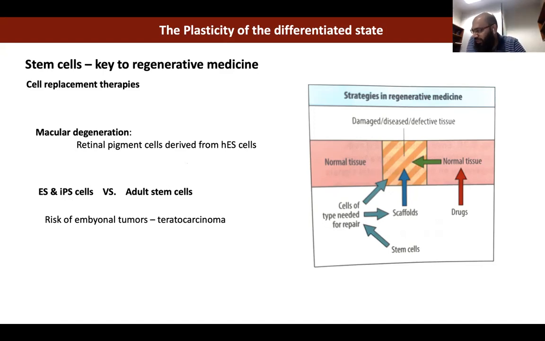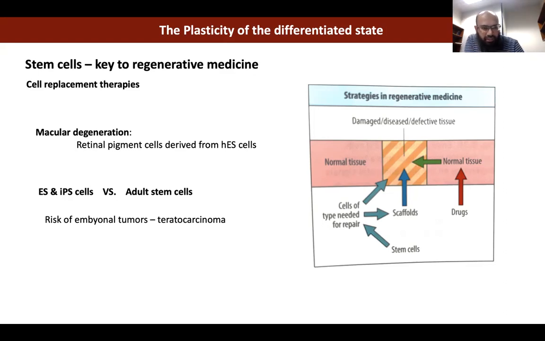But at least in this case, it didn't happen, which was surprising and good for the patients. And these results encourage the scientists, and they are actually doing more trials in this particular disease.